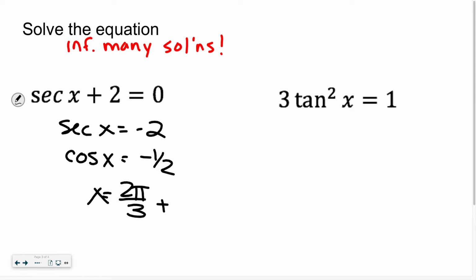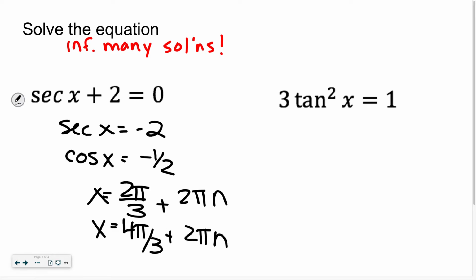That's got to be plus 2 pi n. But that's only going to get all those 2 pi thirds answers, so then I'll have another one, what did we say, 4 pi thirds? And then plus 2 pi n again. That's how you write it for an answer.